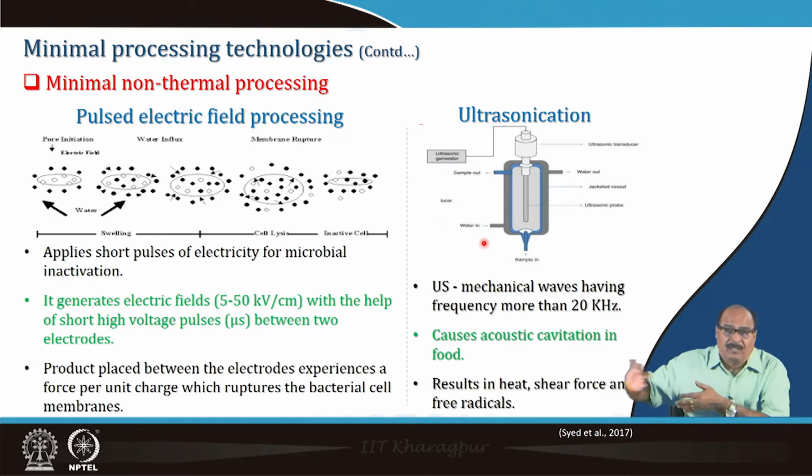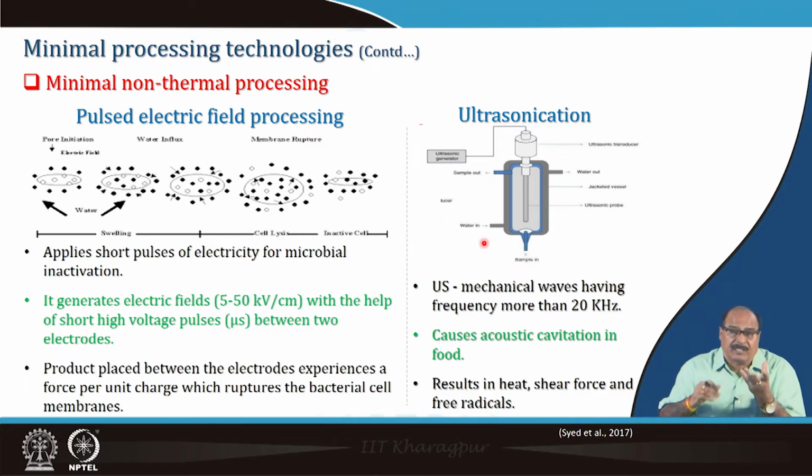Otherwise, extracting juice with the pressing technique generates a lot of heat, which causes inactivation of the nutrients and bioactives. So, this PEF treatment, given for a short duration, ruptures the vegetable tissue cell matrix, and then you get better juice extractability with better bioactives.